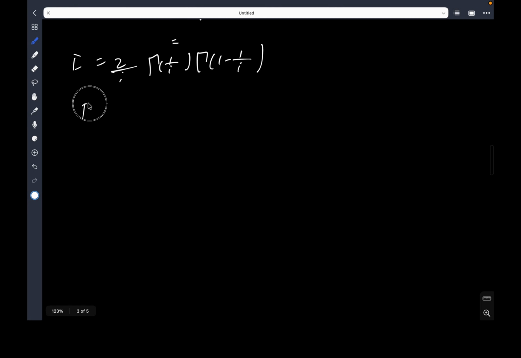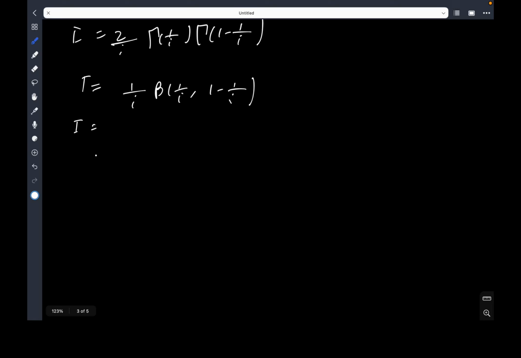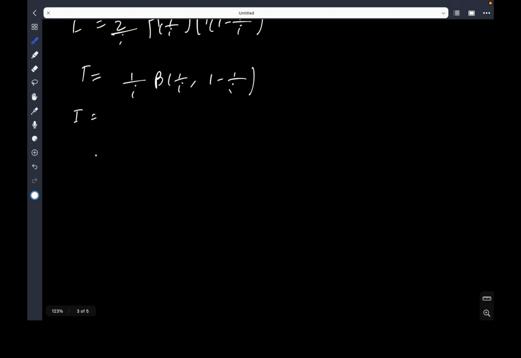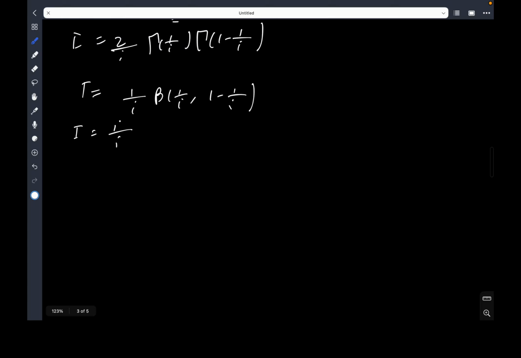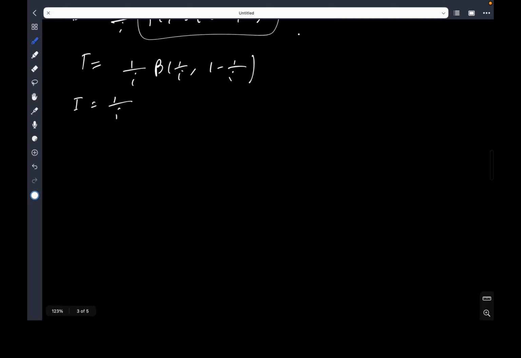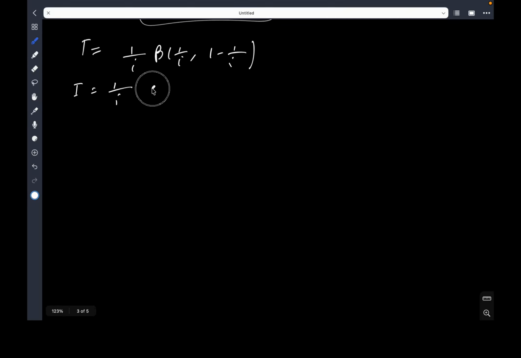My integral first is going to be 1 over i times beta of 1 over i, 1 minus 1 over i. Secondly, if I want to write it in terms of the beta function, it is going to be 1 over i times this thing right here, and according to Euler's reflection, it is going to be pi times sine pi over i, which is pi over i cosecant of pi over i.